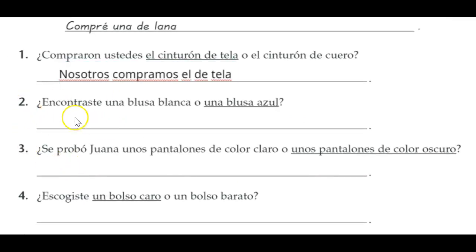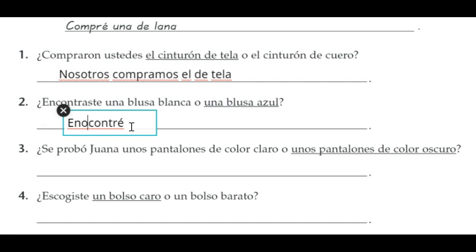Let's look at number 2. ¿Encontraste una blusa blanca o una blusa azul? Did you find a white blouse or a blue blouse? And we want to answer with blue because it's underlined. So, now encontraste obviously becomes encontré. Encontré. And if you're not sure why, you got to think about it.